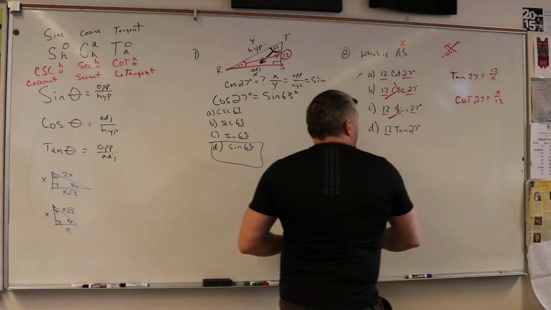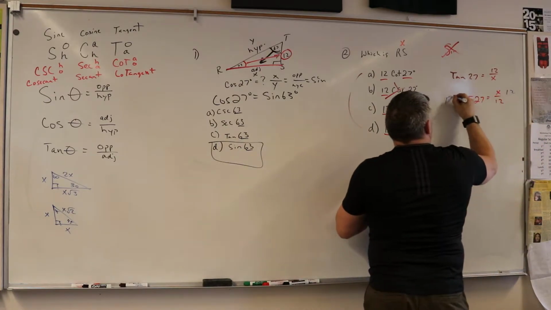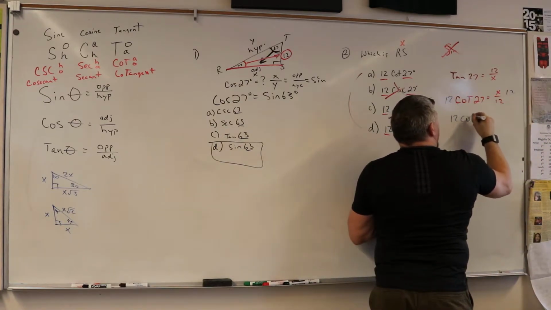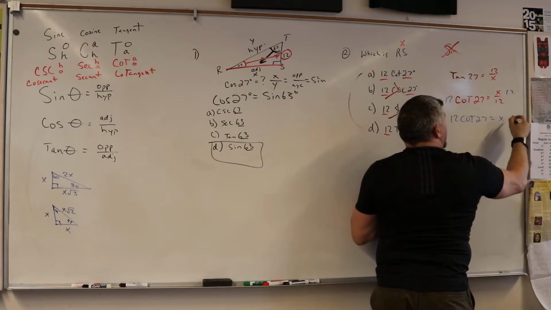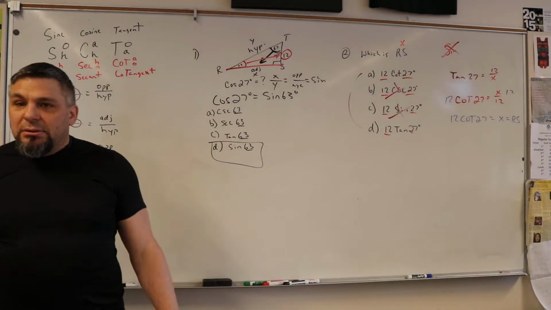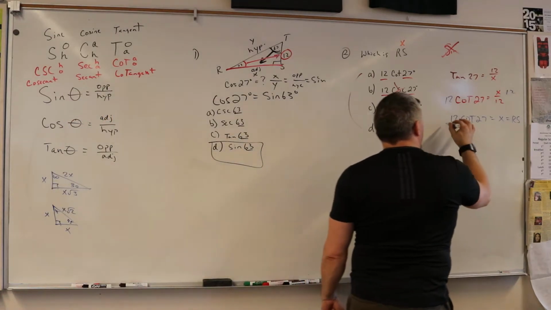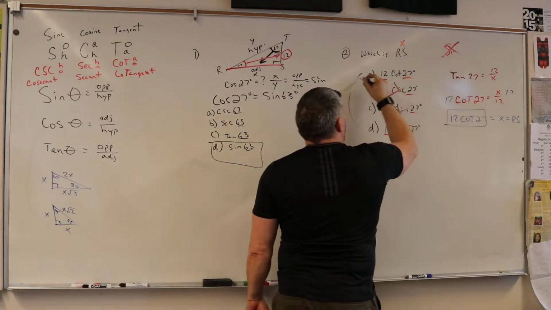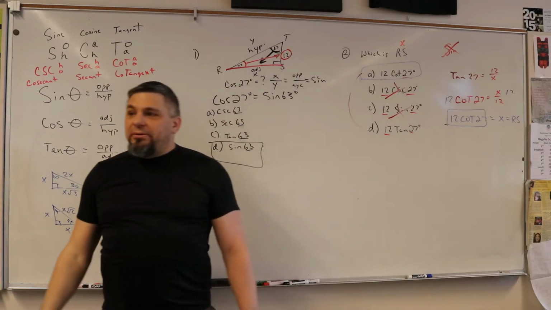And so if we multiply by 12, then 12 cotangent 27 is equal to x, which equals RS, correct? So A would have been right.